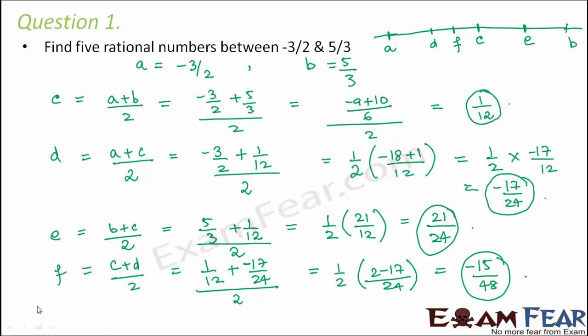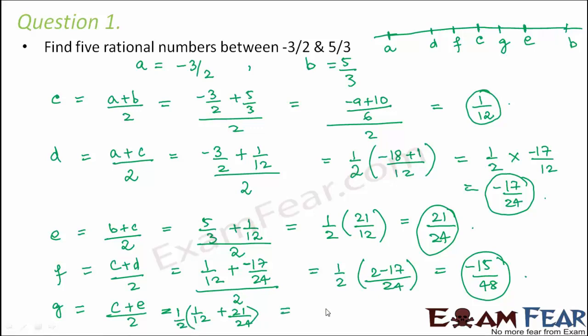Yet one more. So let's calculate the mean between C and E, which would give a number G between them. So G would be equal to (C plus E) divided by 2, which will be equal to (1 by 12 plus 21 by 24) divided by 2.